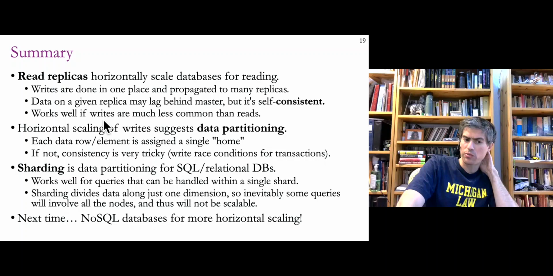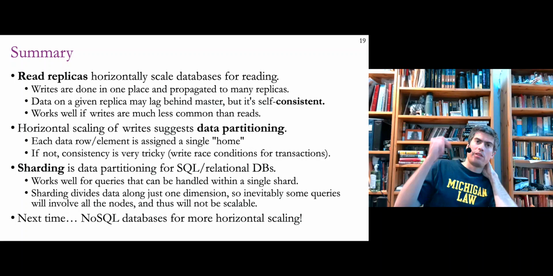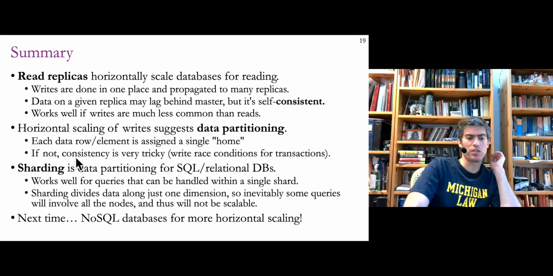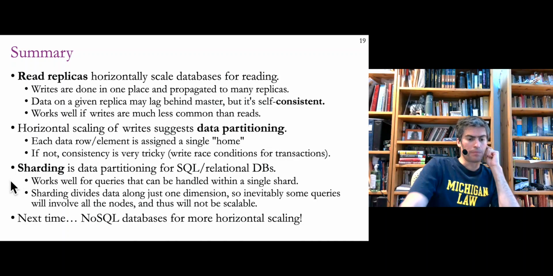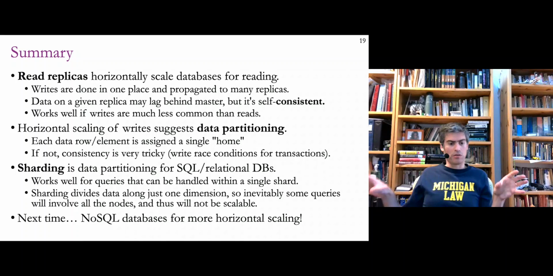But if we want to scale either the capacity or the writes, we have to do data partitioning and basically not store every piece of data in every node. Somehow we have to assign each data row or element to a single home node, which we call a shard in the case of relational databases. So with sharding, we come up with some scheme for dividing the data across different nodes, and they're separate databases.